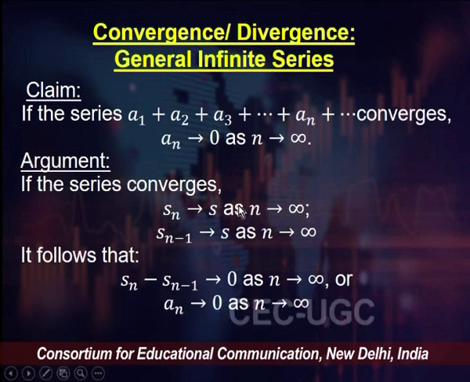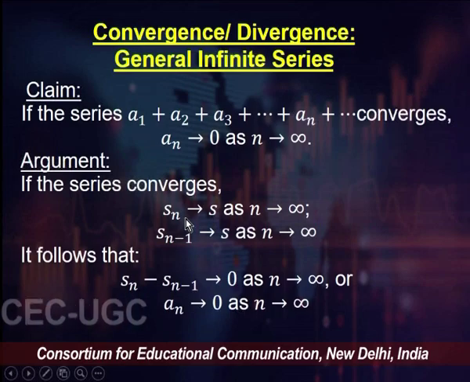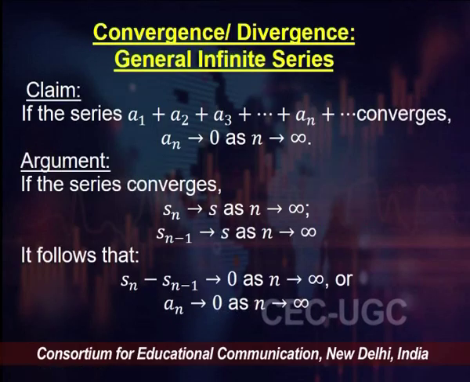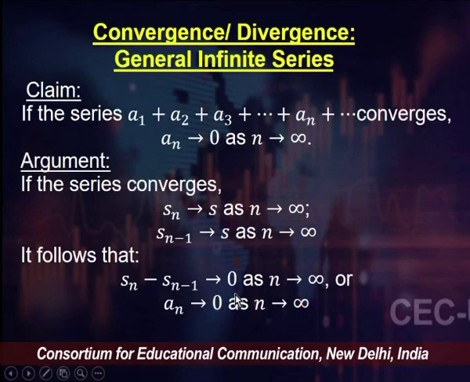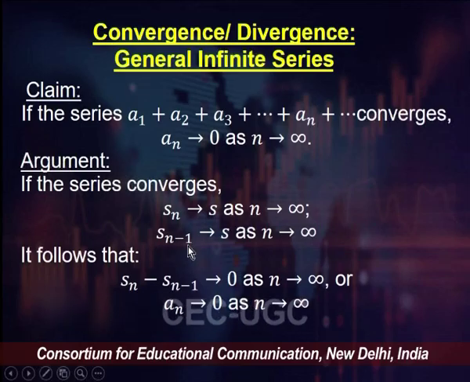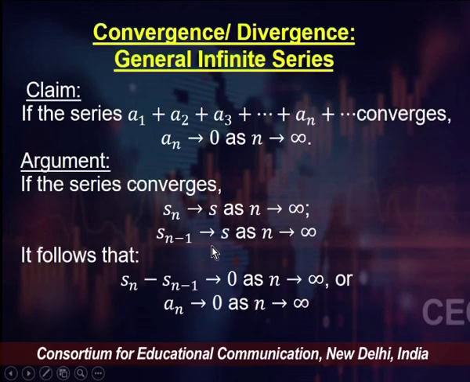Now, our claim here is that if the series converges, then the nth partial sum S sub n will tend to a finite value, let us say S, as n tends to infinity. Here we can also argue that if the series converges, then the sum of the first n minus 1 terms will also tend to S as n tends to infinity. Why is that? Let us think of this intuitively.